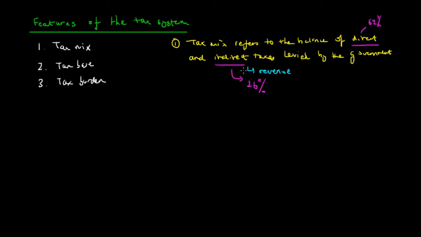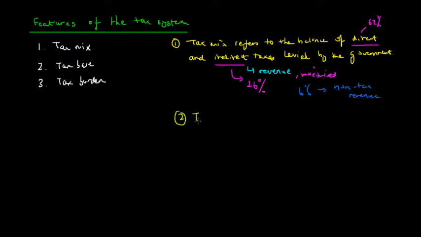So the government needs to weigh up the choices of how to levy direct and indirect taxes so that their revenue can be maximized. With more revenue, they have more scope to manage aggregate demand so as to achieve the government's economic goals. The other 6% to balance is from non-tax revenue. So that's the tax mix.